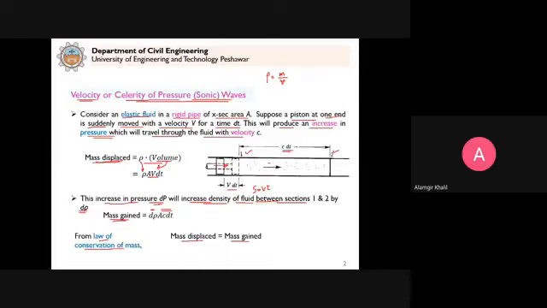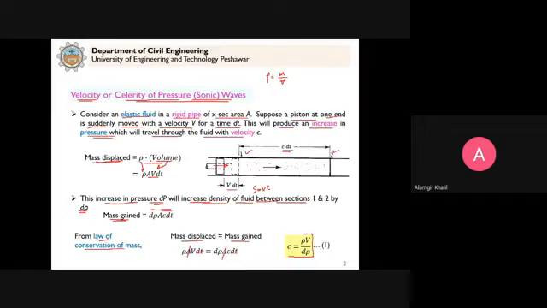Essentially we can write down these equations here. Now we compare these two from the law of conservation of mass, that mass displaced is equal to mass gained. You can see here that the area on both sides cancels out. Similarly, this dt cancels out with this dt. And when we simplify, c is equal to rho v divided by d rho.